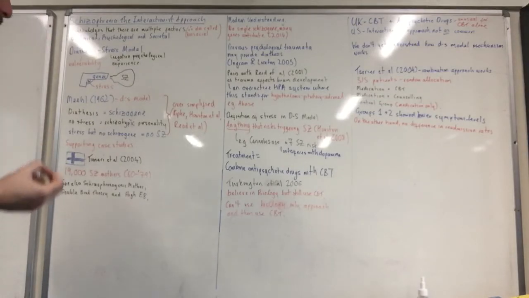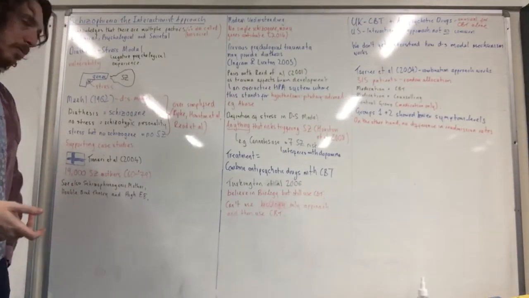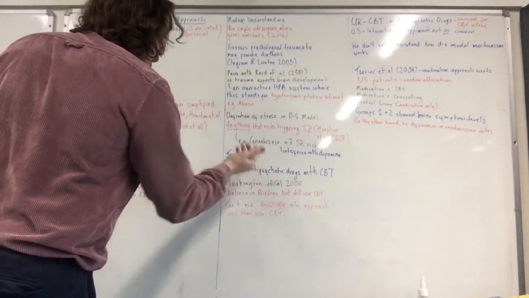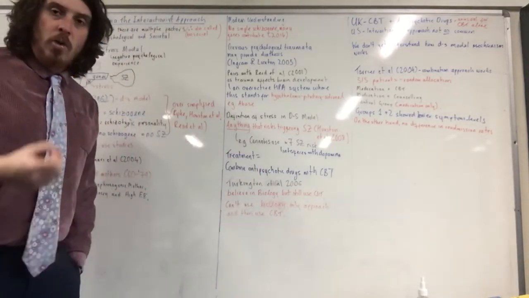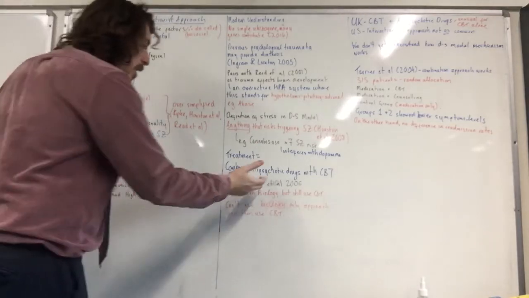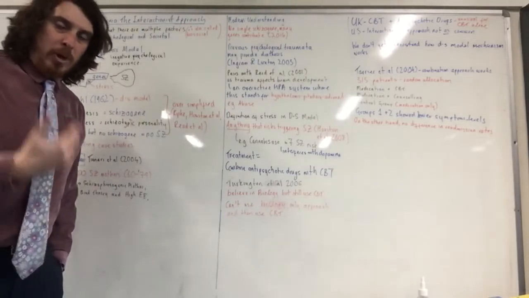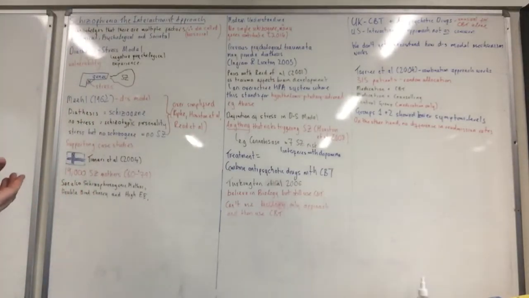If we look at treatment in terms of using the interactionist approach, it's the idea that we combine antipsychotic drugs with CBT. So we take the biological approach and the psychological approach, and we use an interactionist model.